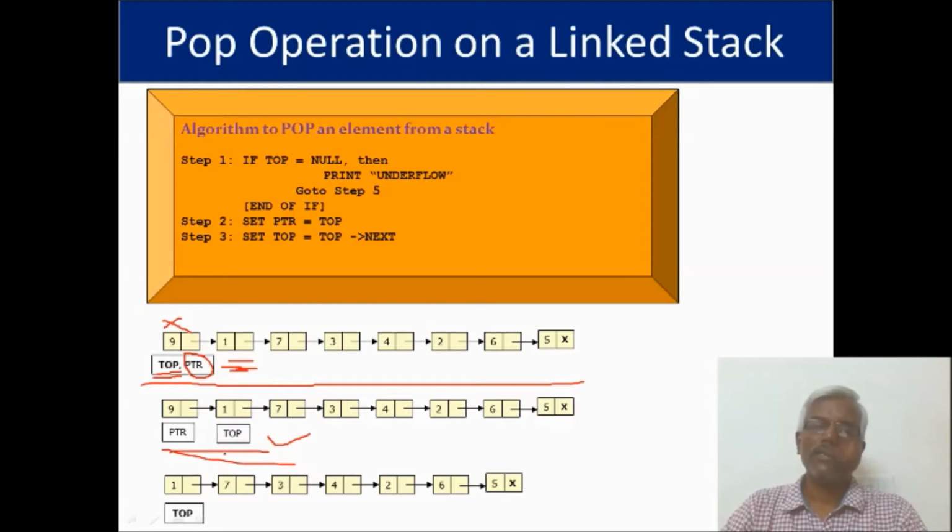Now the first node is going to be deallocated. How can we deallocate? Free of pointer. Now this is the end of our algorithm. So the algorithm to pop an element from a stack is completed. Now this is our final stack after removing the top element, that is, after the pop operation.